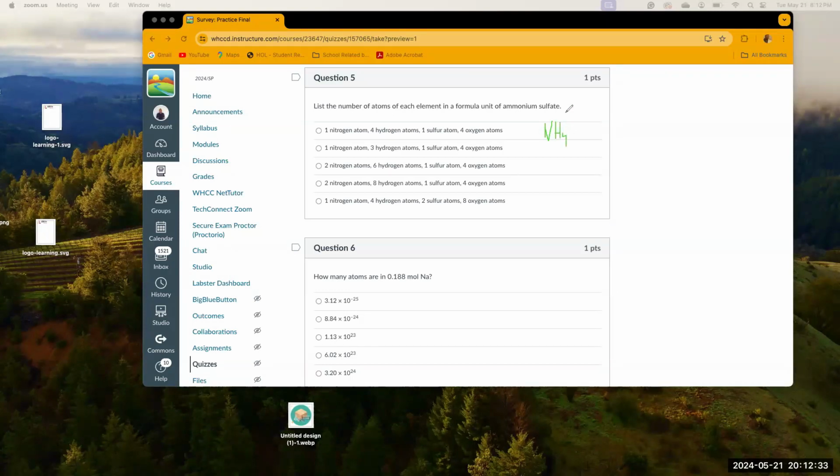And we know that it's a +1 normally. We know the formula for sulfate is SO4, and it has a -2 charge. So for this to balance out, we need 2 ammoniums and then 1 sulfate.